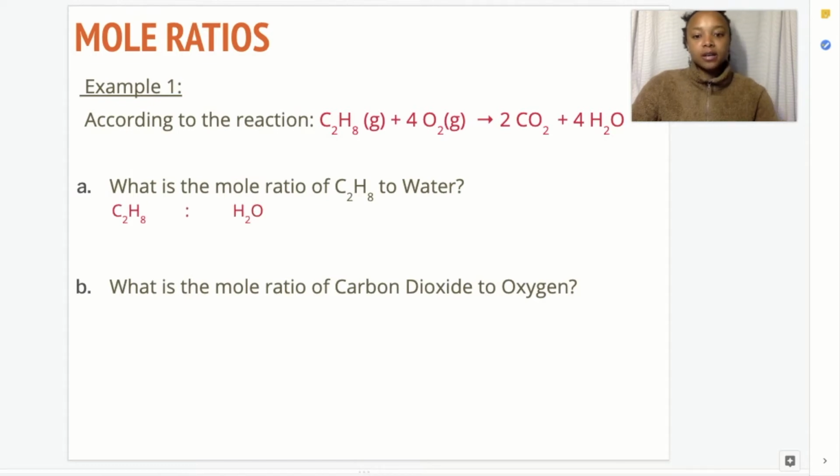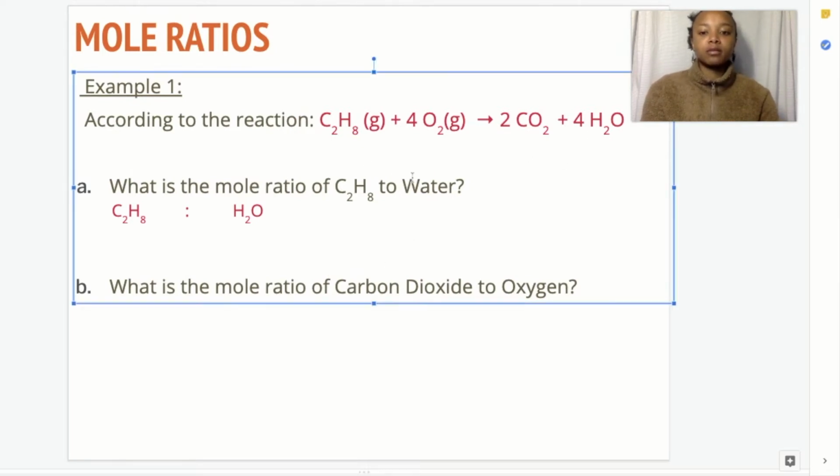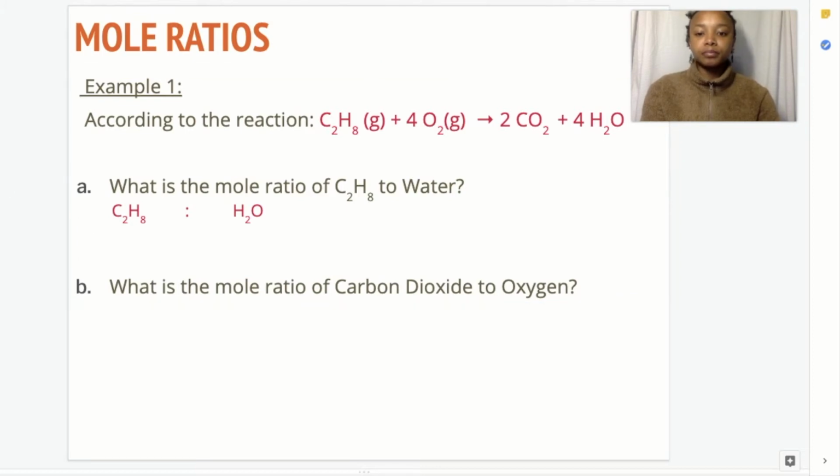How do I need to set this up? I need to do C2H8 to water. Cool. So how many C2H8s do we have? 1. Right. And how many waters do we have? 4. So it's going to be the ratio 1 to 4. As simple as that.